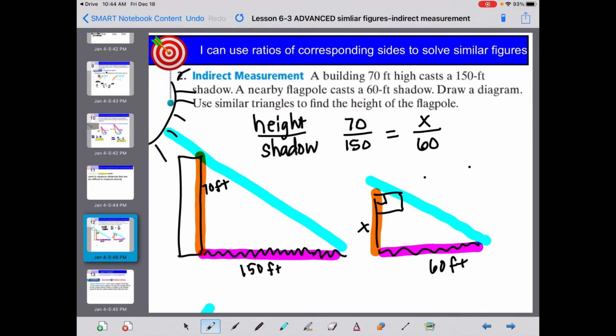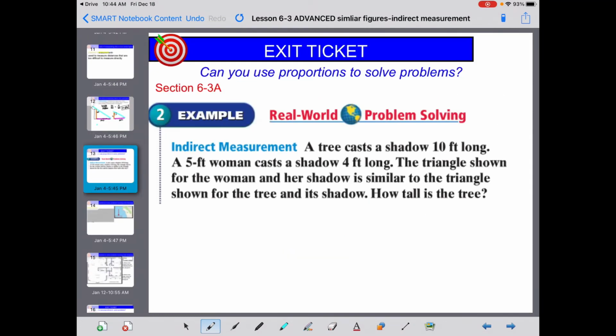The setup is what we're really working on today, and seeing all the different ways they might ask you to apply it. So the height of the flagpole is 28 feet. Make sure you are labeling. Also, make sure you're drawing pictures. All right, pause the video and try to draw a picture of this one. It's very much like the last problem you did.